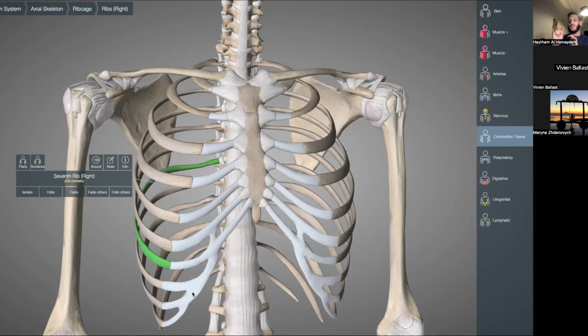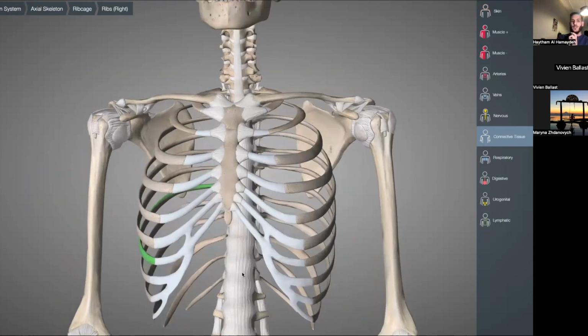Costal cartilage of rib number 8 articulates with costal cartilage of rib number 7. Costal cartilage of rib number 9 articulates with costal cartilage of rib number 8. And costal cartilage of rib number 10 articulates with costal cartilage of rib number 9. And these are our false ribs.